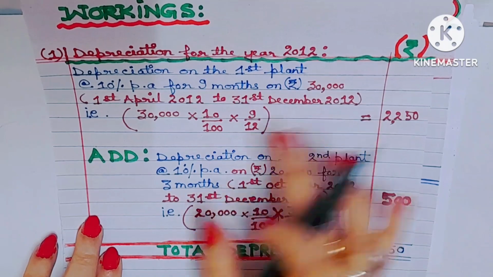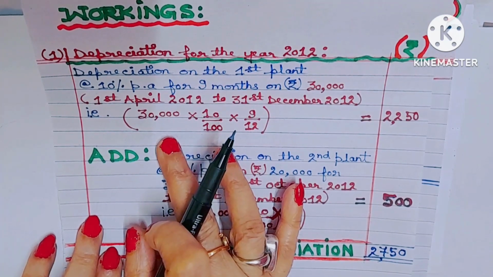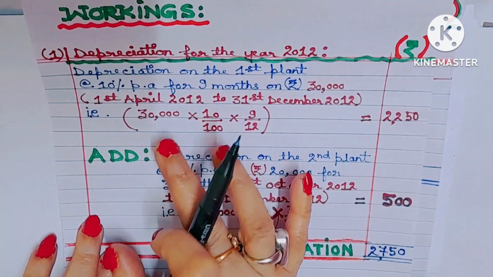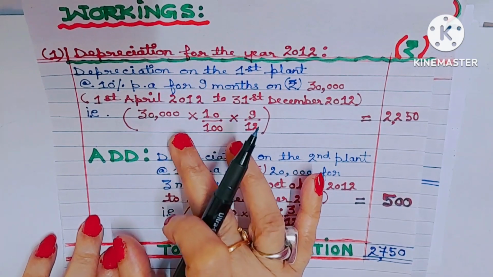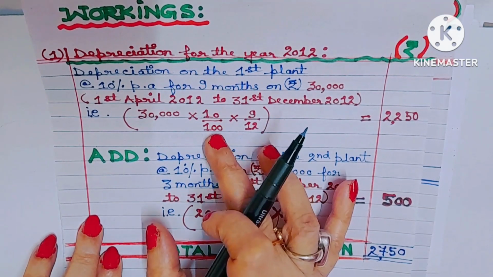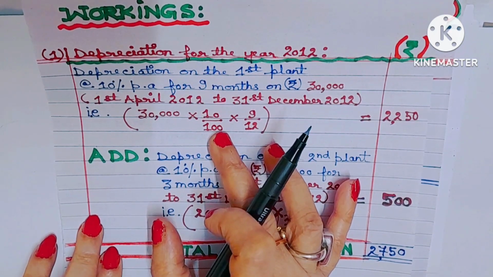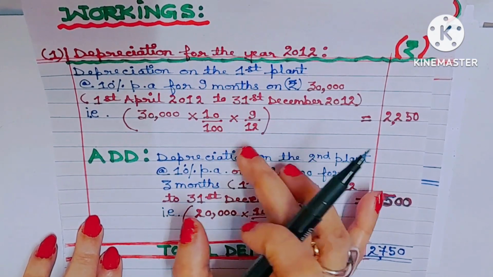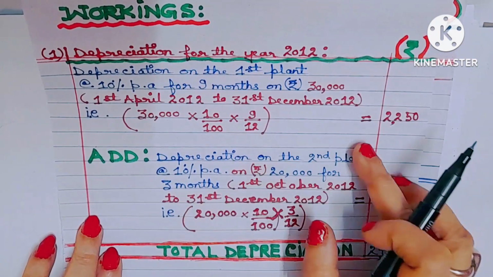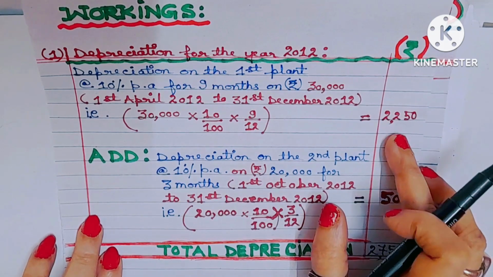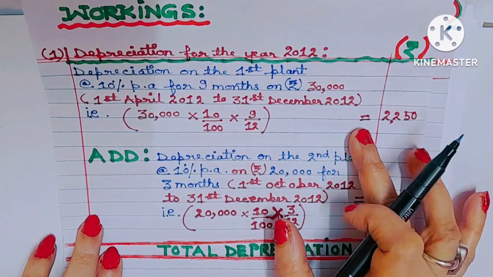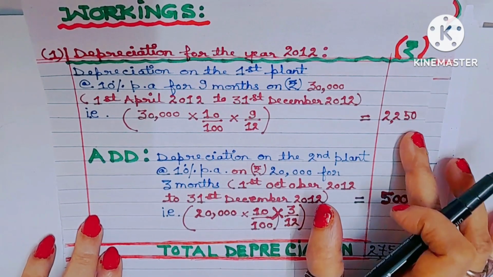So 9 months. That is on 30,000, because the cost of the first plant was 30,000. 30,000 into 10 by 100, 10% per annum under straight line method, into 9 by 12. Okay. So that will give you 2,250. This is the depreciation charge for the first plant.